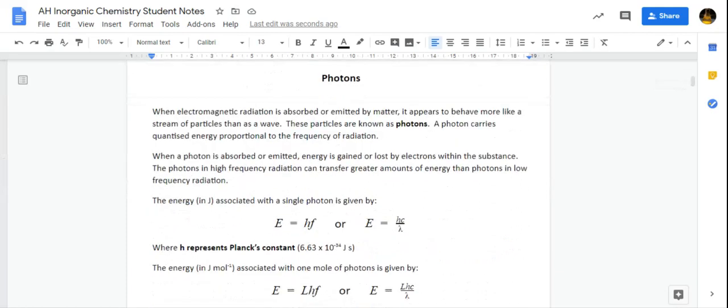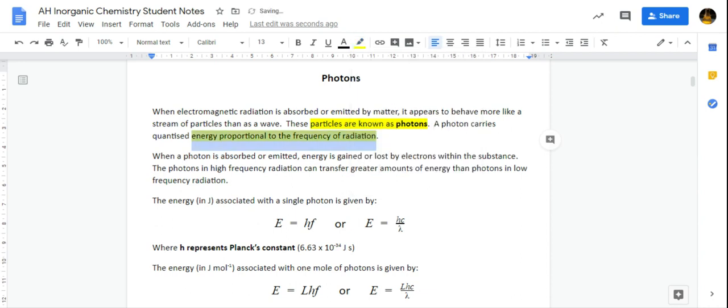Okay, if we have a look at photons. When electromagnetic radiation is absorbed or emitted by matter, sometimes it can behave more like particles than like a wave. And these particles are known as photons. A photon carries quantized energy proportional to the frequency of radiation. This word quantized means that it has a specific value.